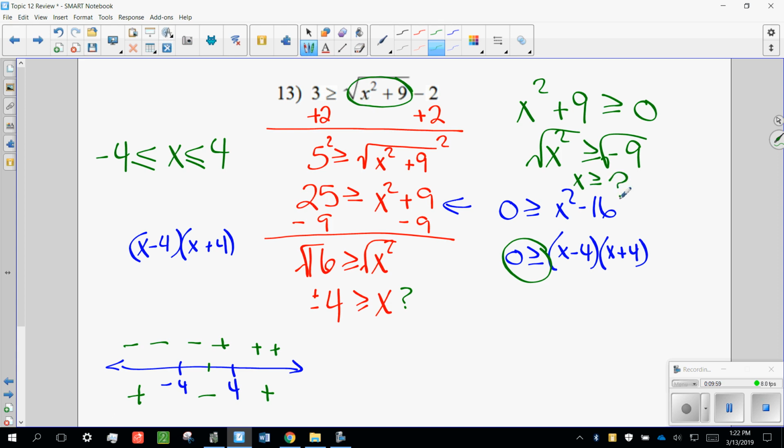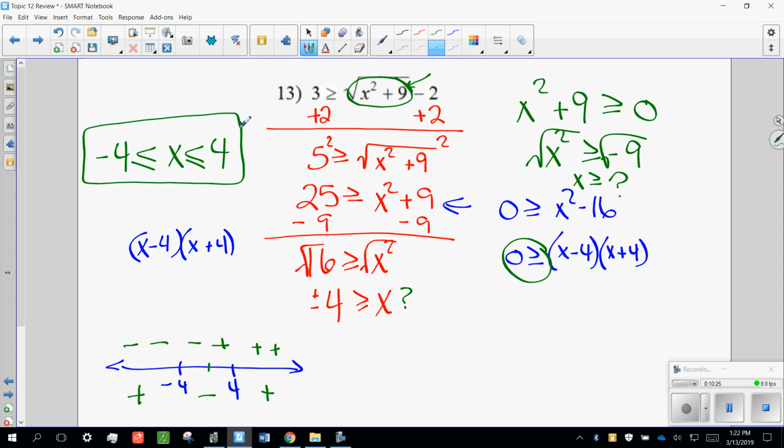What that just means is whatever number we put in here, we're going to square it, which means that this isn't really going to come into play. We're going to square all our numbers, and so a negative 4, once we square it, will become a positive 16. And so we're always going to be taking the square root of a positive number. And so this part underneath the radical doesn't really add any restriction. We're just left with x needs to be between negative 4 and 4.